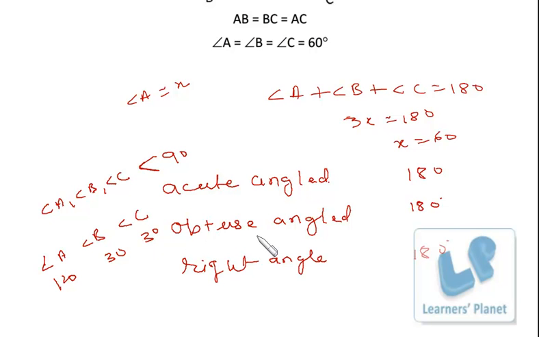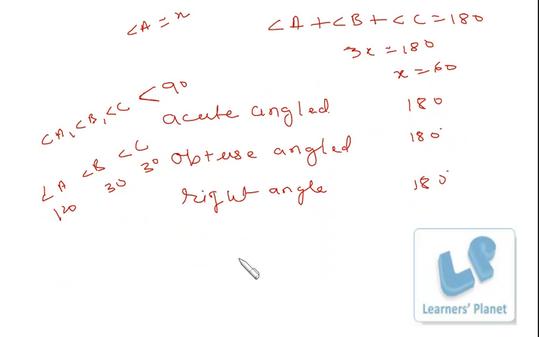In no triangle will more than one angle be more than 90 degrees, right? It is not at all possible because the sum is restricted to 180 degrees. So in an obtuse angle triangle, exactly one angle will be more than 90. In acute angle triangles, all of the angles will be less than 90, and in a right angle triangle, exactly one angle will be 90 degrees, right?